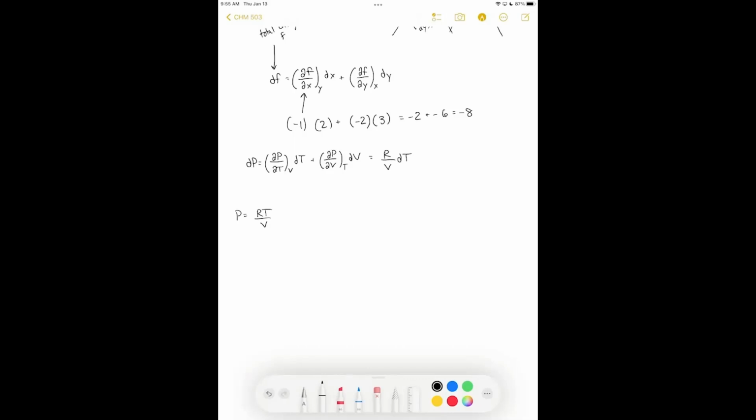And if we take the volume derivative of this, we get minus RT over V squared dV. This is an expression that relates how the pressure changes as a function of temperature and volume. If we wanted to know the actual change, we would simply need to integrate this expression, from initial temperature to final temperature and initial volume to final volume.